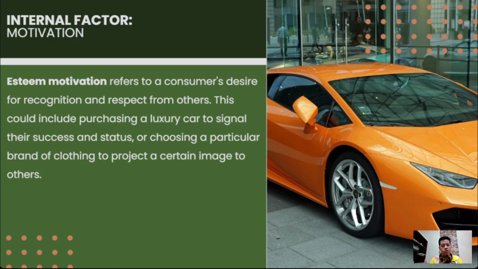And when you want to portray success, or you want to portray some image to others so that you feel valued through their perception of you, then you purchase products that are luxurious, or brands that are known to be purchased by people who have a successful life. This is esteem motivation.